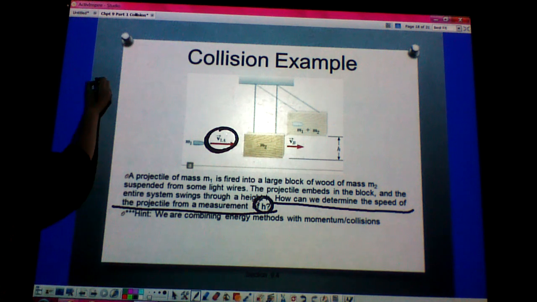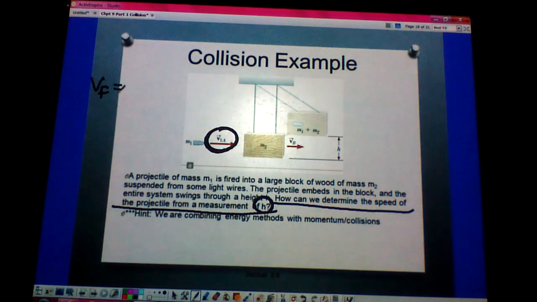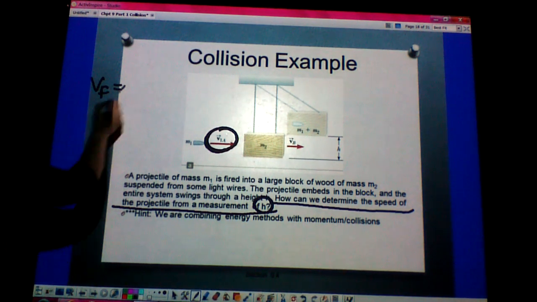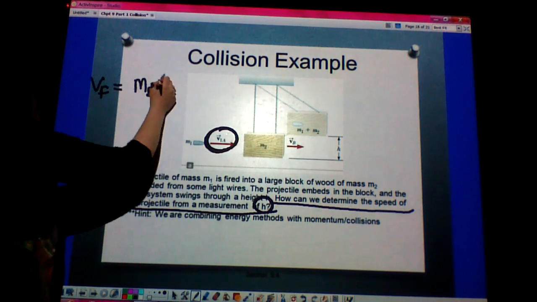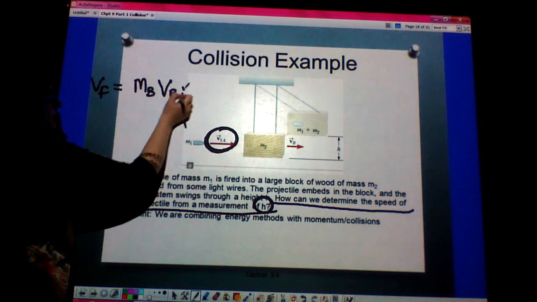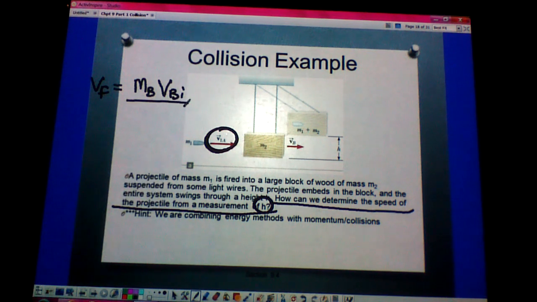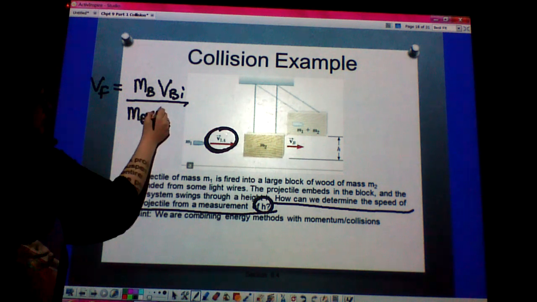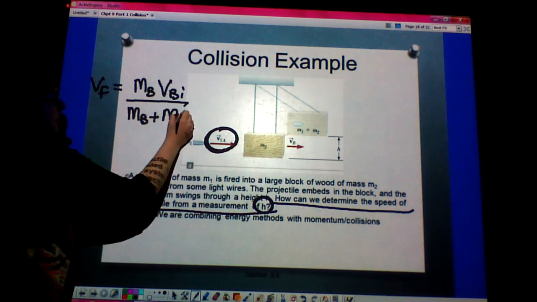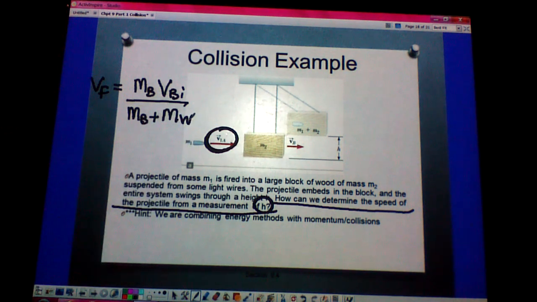So I could say that my final velocity of both of them together, because the two masses will be together, will be the mass of the bullet times the initial velocity of the bullet over the mass of the bullet plus, we'll say, the mass of the wood.